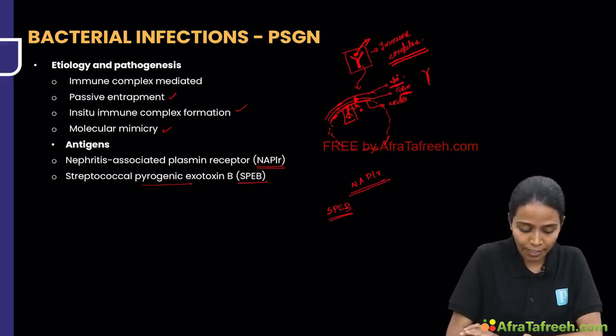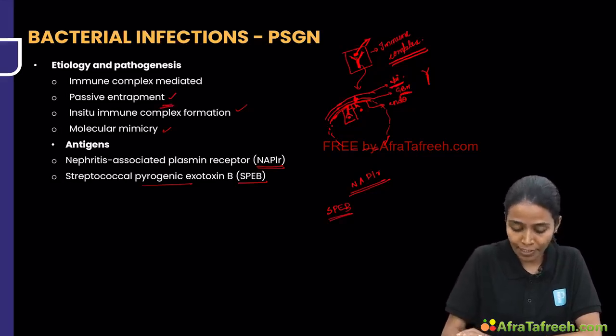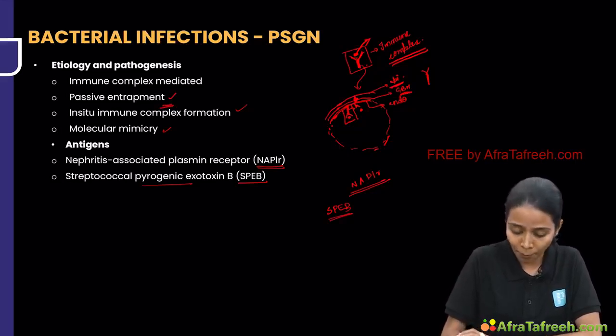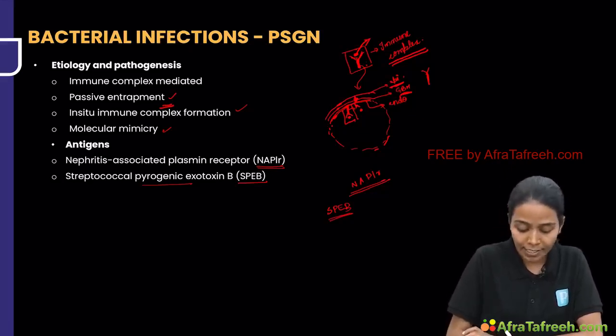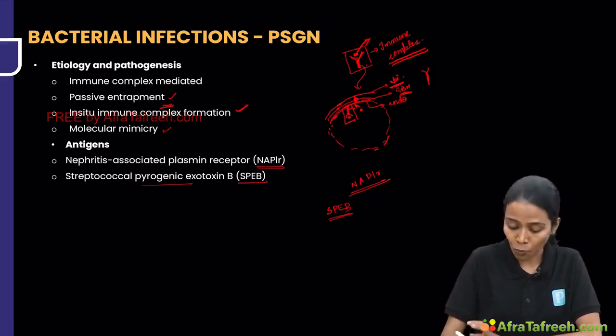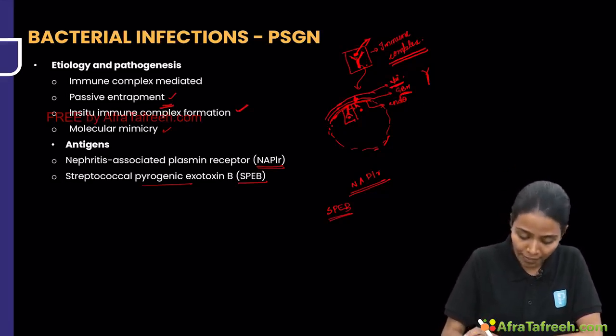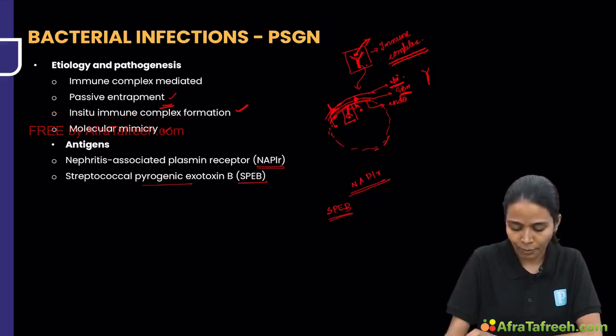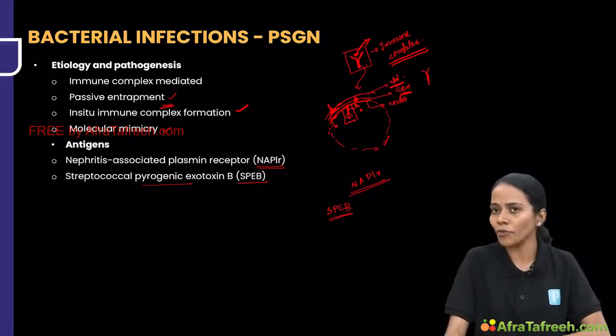So the first mechanism is passive entrapment. That is, this antigen antibody complex goes and binds and sits passively on the endothelium. The second is in situ complex formation. That is, what happens is this passively bound antigen dissociates from this antibody, moves to the subepithelial space, okay, and there they form the antigen antibody complex, because this antibody also will move.